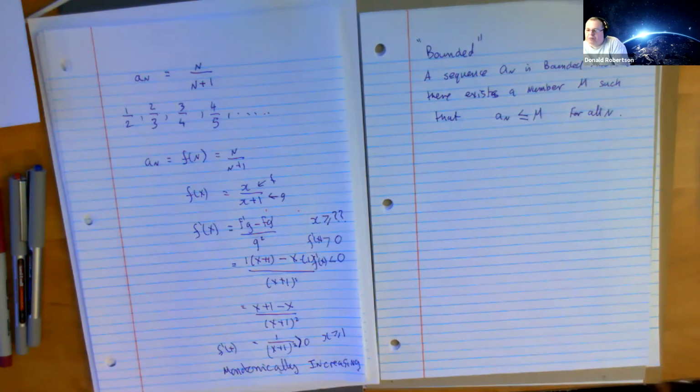Then we say it's bounded above by 4. That seem reasonable? Can you imagine a sequence that never gets bigger than 4? That would be bounded above.